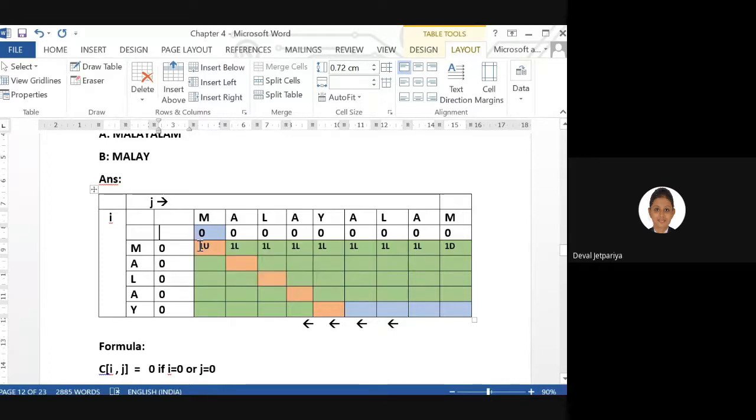So 0 plus 1 we did, but the value is not present, so we cannot write D over here. Otherwise we have to write D whenever we are adding. So in that case you can take reference of left value or above value. Anything will work. So here I had taken U. Getting, Nupur Raj?